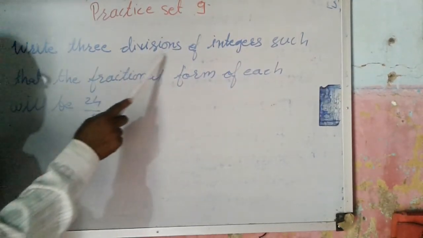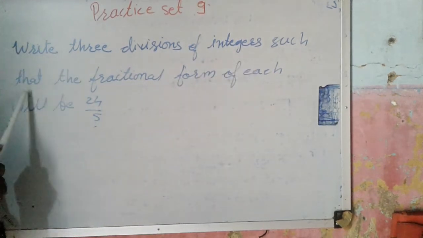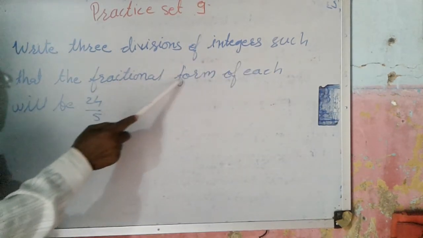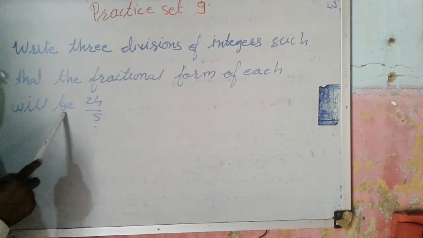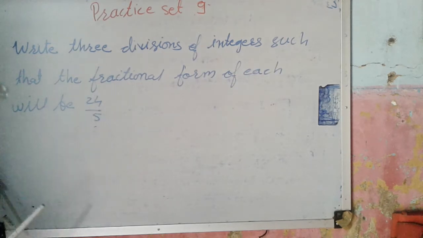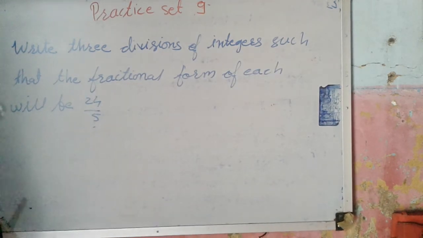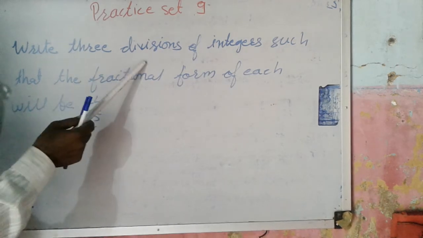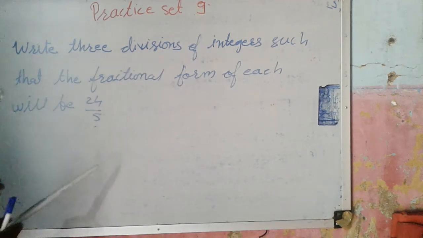Now write three divisions of integers such that the fractional form of each will be 24/5. That means you have to choose three divisions of any integers such that every time the quotient will be 24/5.